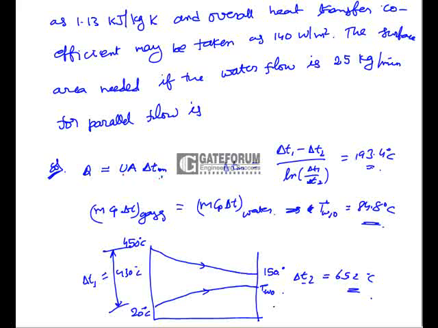So now we have all the values: the heat transfer, ΔTm, the logarithmic mean temperature difference, and the overall heat transfer coefficient, given as 140 watt per meter square Kelvin.